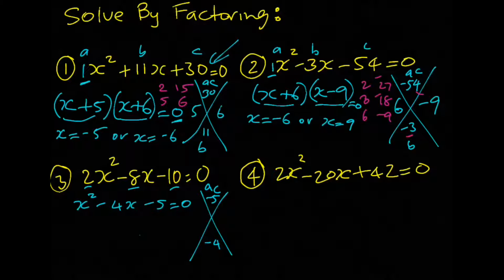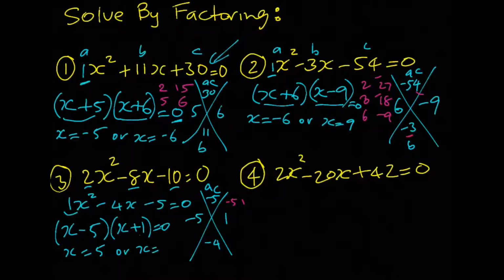So this one's pretty simple. It's just negative 5 and 1. So let's put negative 5 in here and 1 in there. There's nothing more that needs to be done other than factoring it like so. Equals 0. So x equals 5 or x equals negative 1.